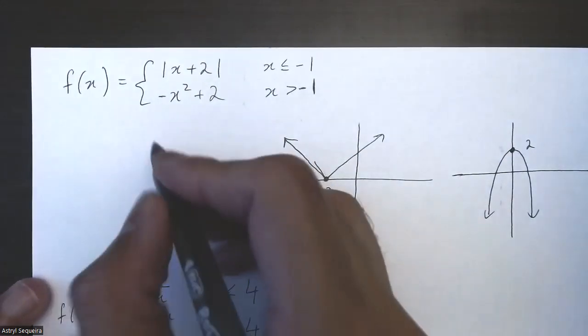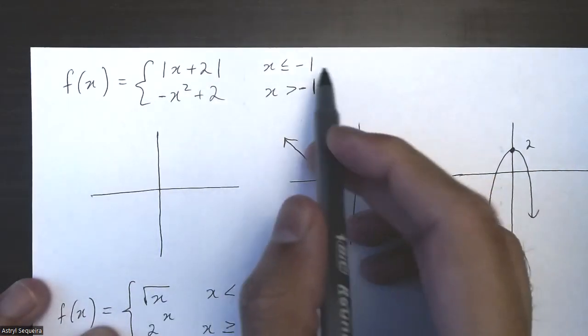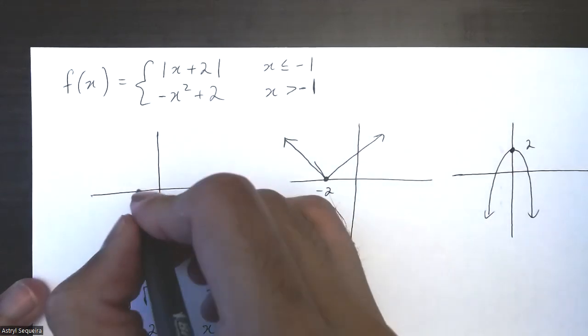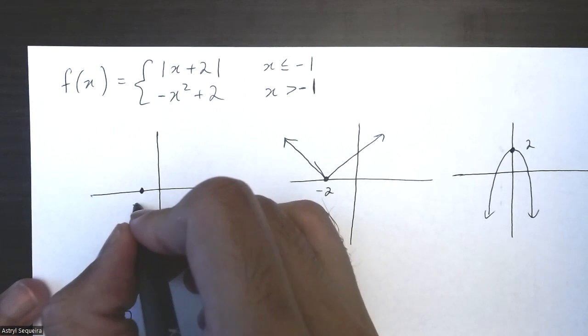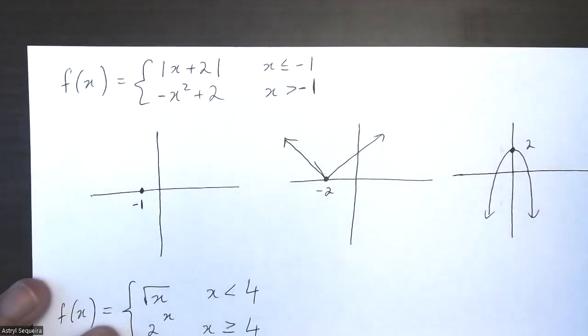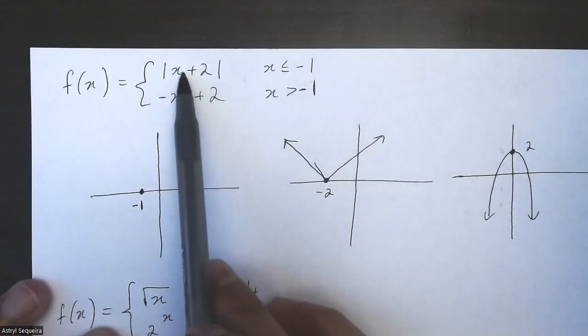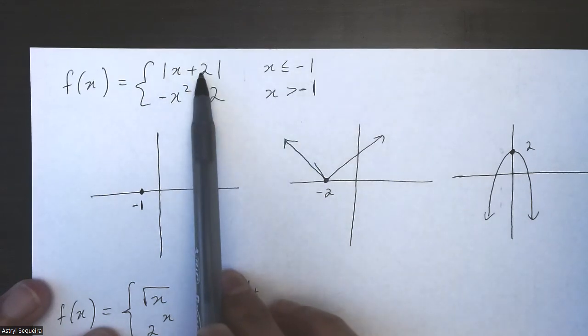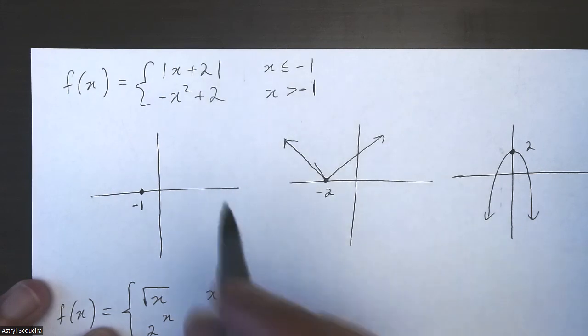When you're drawing a piecewise function, the most important thing is to mark the x value, which is basically the key point. So -1. Now if I sub in a -1 into this equation, -1 plus 2 is +1, and the absolute of +1 is also +1.